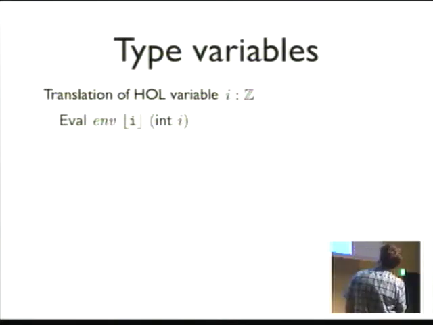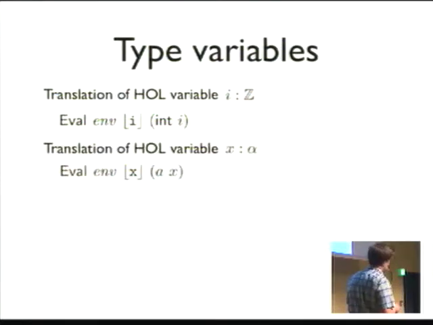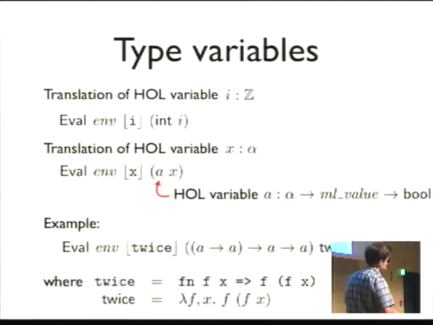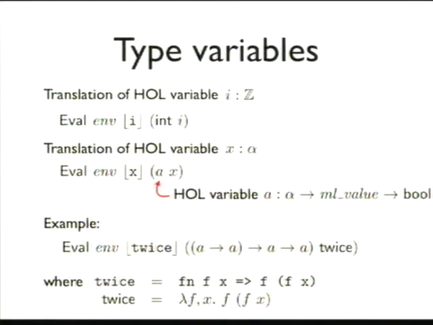Okay, so what about type variables? I've shown you how, if you have an integer in HOL, that's how you can state it with eval. But if the type variable is an alpha, then I leave this as a variable as well. This is a normal HOL variable. It has the same type as int, essentially, except you have an alpha where there would be a Z otherwise. So with this, you could either instantiate alpha immediately, or you can keep it through your computations as normal.